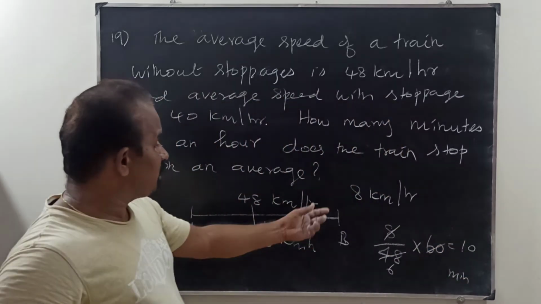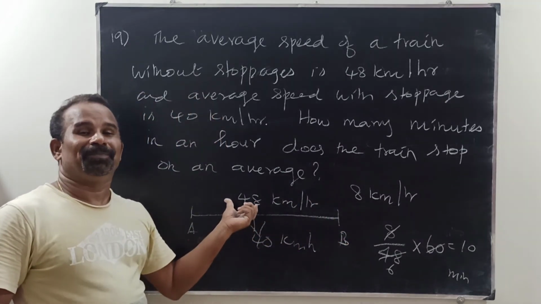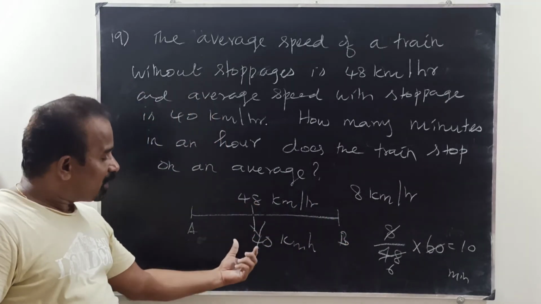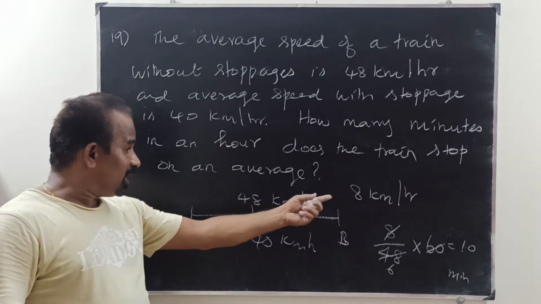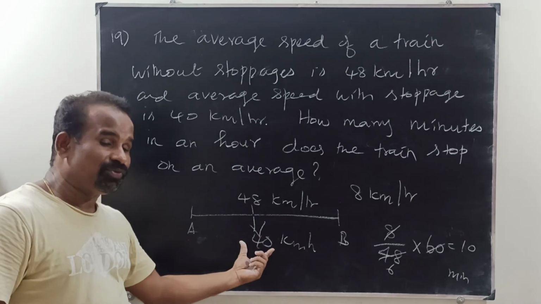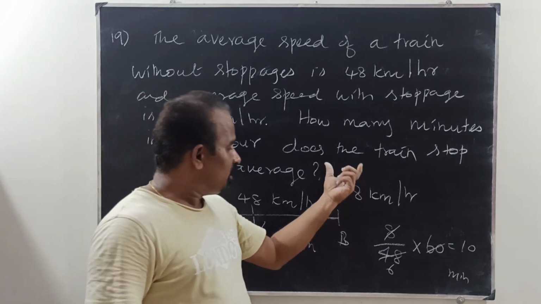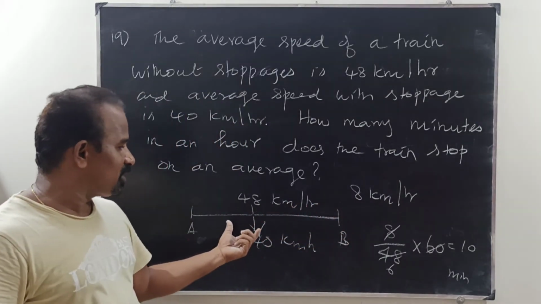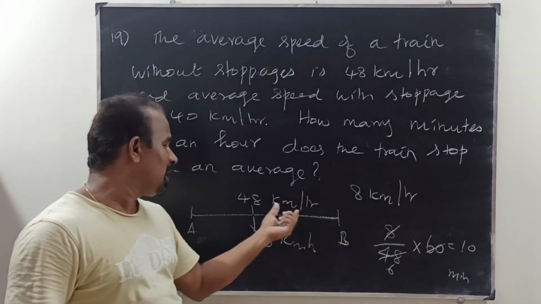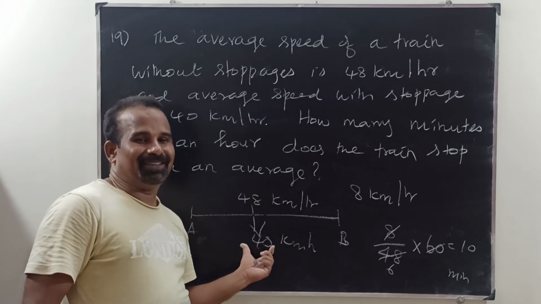So therefore this 8 kilometer he saves out of 48 kilometer. Okay, not 40. Because this 8 we get from 48 minus 40. Understood? You have to be very careful. So this 8 kilometer he saves out of 48, then only it will come 40.